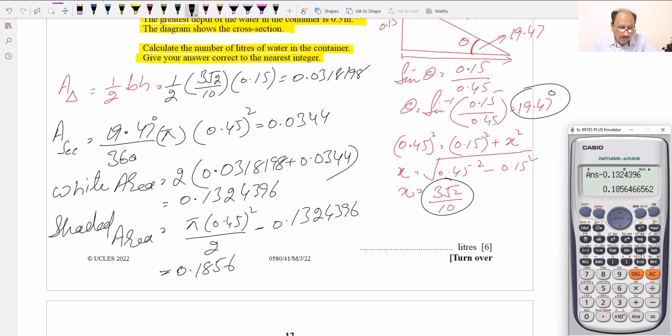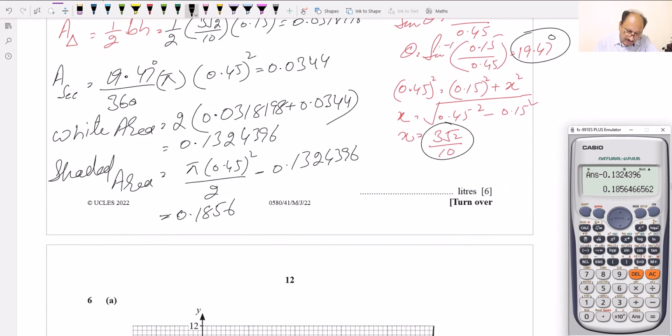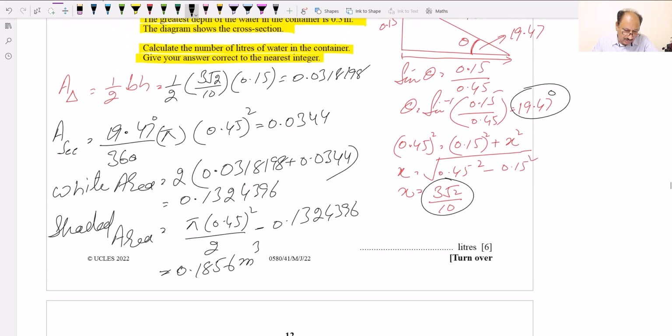So now this will be multiplied by, this will be area. They need correct to the nearest, basically they need in liters. So this is a meter cube, this area is basically in meter, so this is meter cubes and we need to convert into centimeter cube.